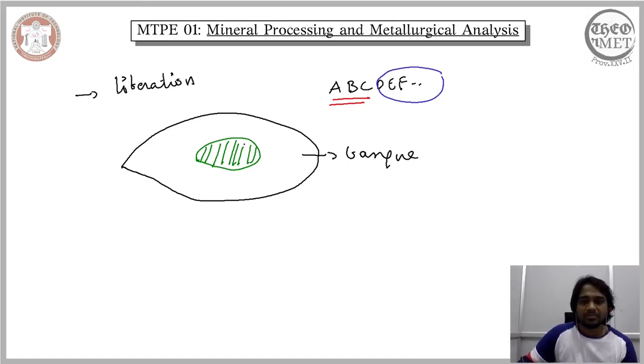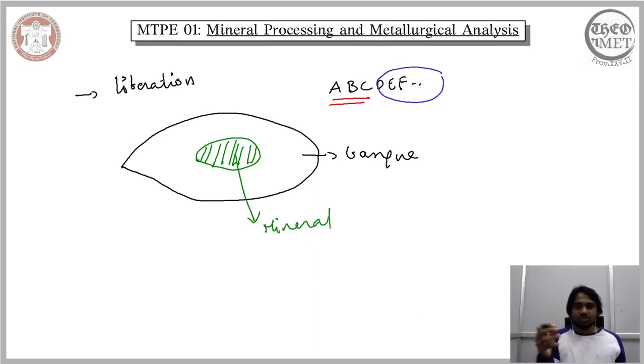And in this discussion and the subsequent discussion, wherein we are trying to make a distinction between gangue and the desired mineral, we refer to the impurities, or the mineral that is not of interest to us, as gangue, while we will refer to the valued mineral, or the mineral that is of interest to us, as just mineral.